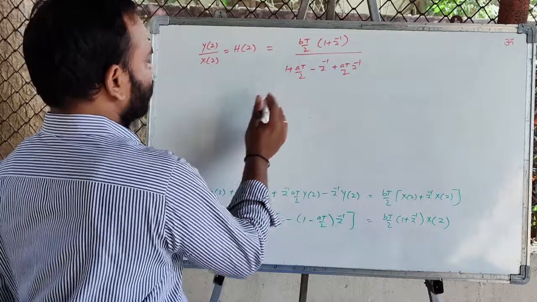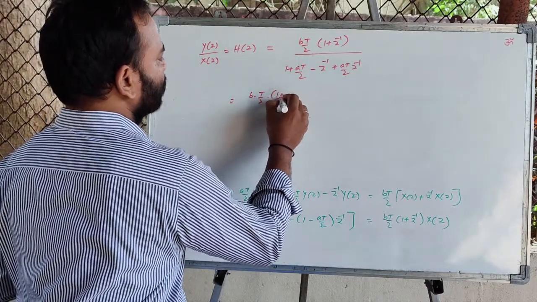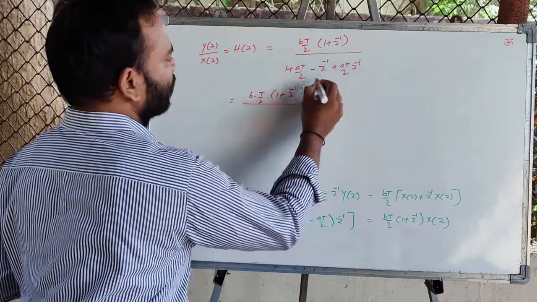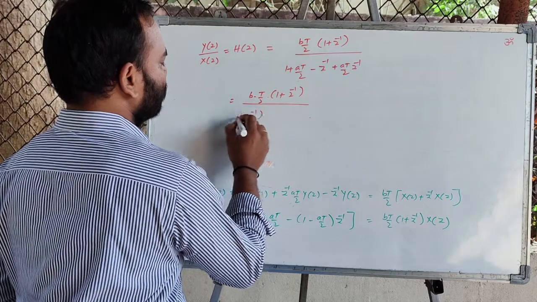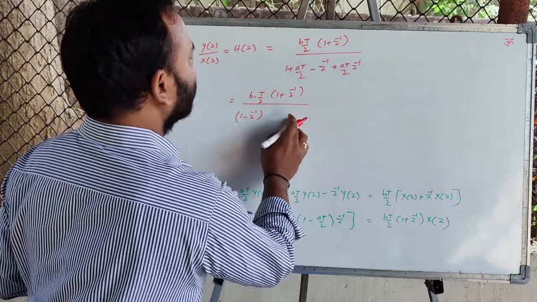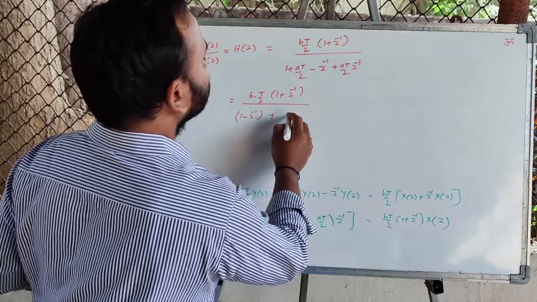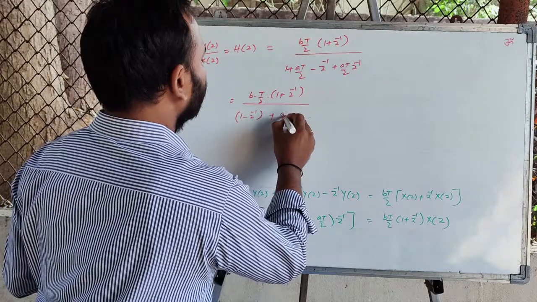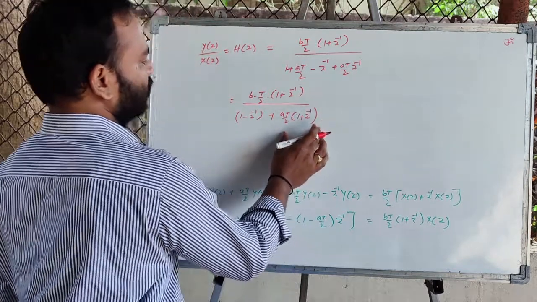From this equation, b times T by 2 times 1 plus z power minus 1, by, group these two terms, 1 minus z power minus 1, group these two terms, thereby we are going to get plus aT by 2 times 1 plus z power minus 1.